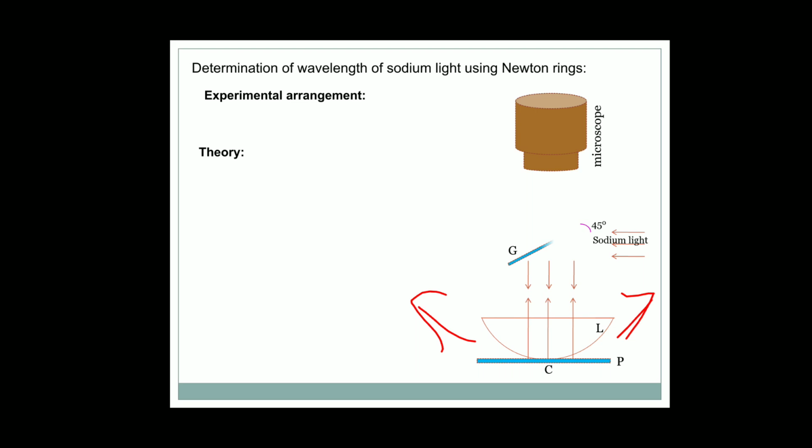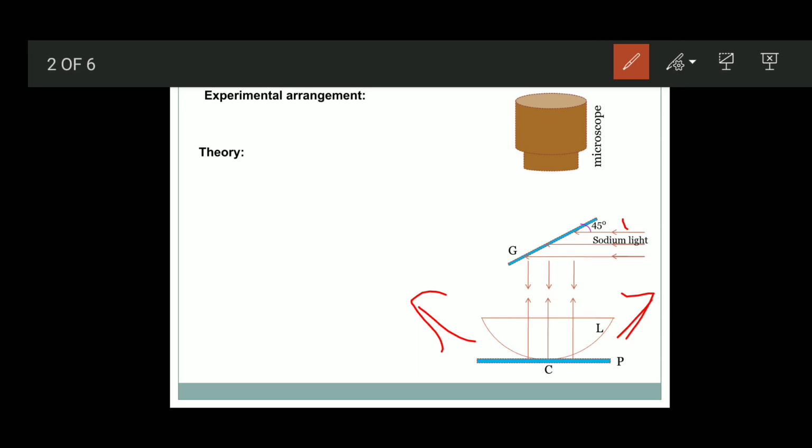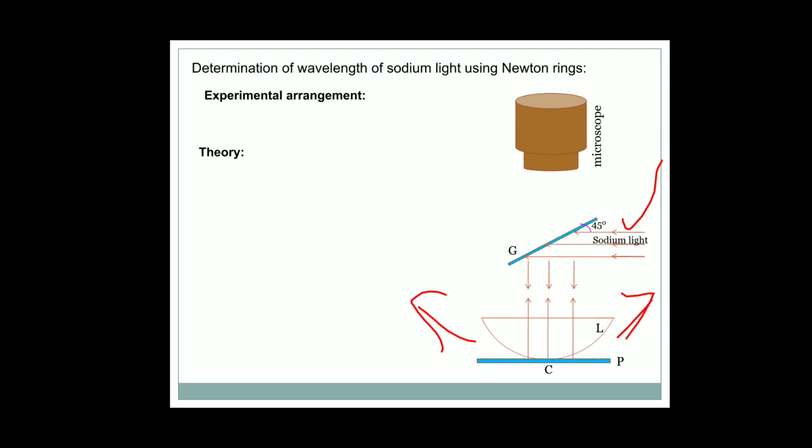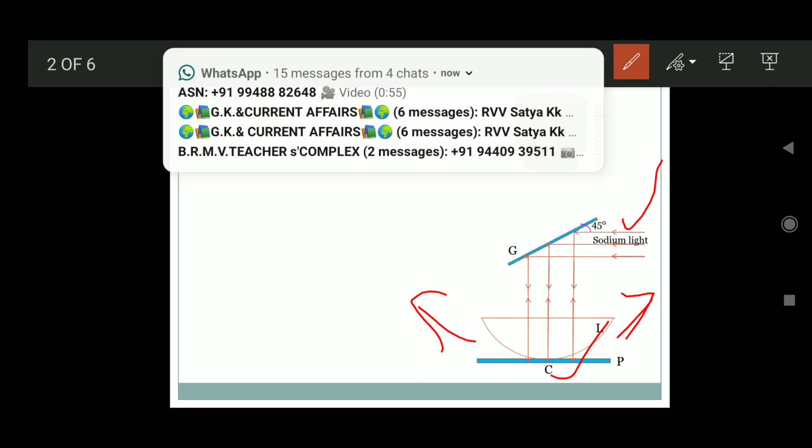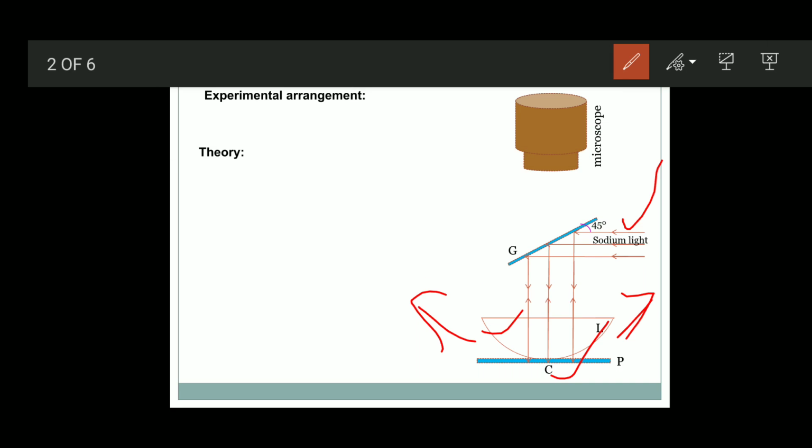One more glass plate G is placed at an angle of 45 degrees to the light rays. If monochromatic light, maybe sodium light, is incident on the glass plate G, it is partially reflected along the combination of the glass plate P and plano convex lens L. Then these two reflected rays are again reflected at the top of the glass plate P and the bottom of the curvature of the plano convex lens.